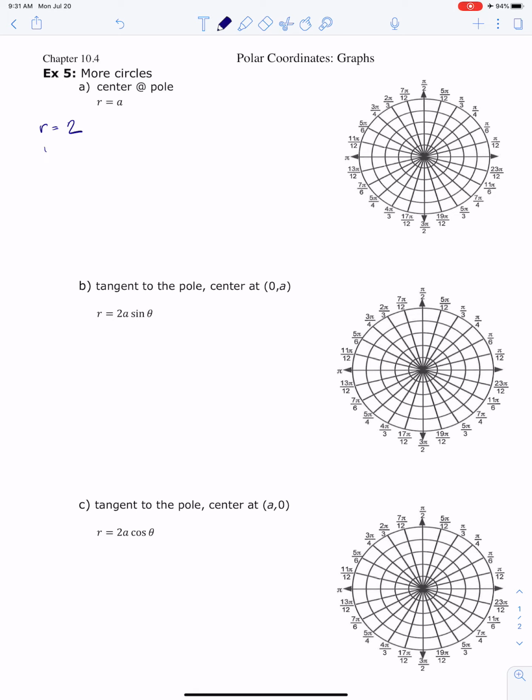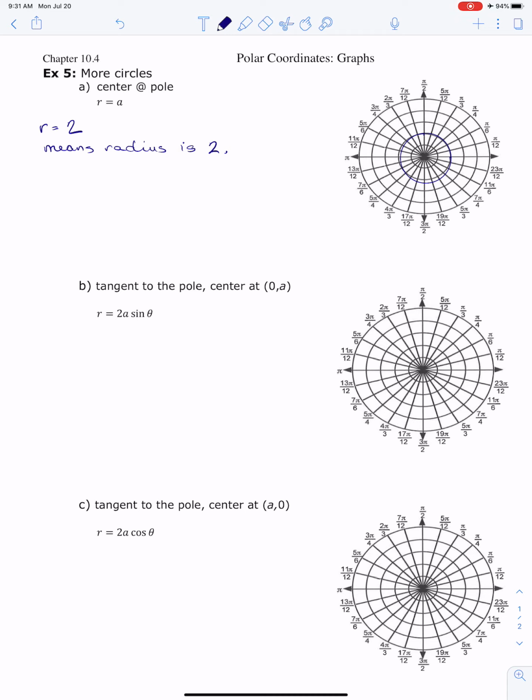And so that's all this means, radius is 2. Anywhere on this circle, I've got a radius of 2. Apparently my graph is not square.